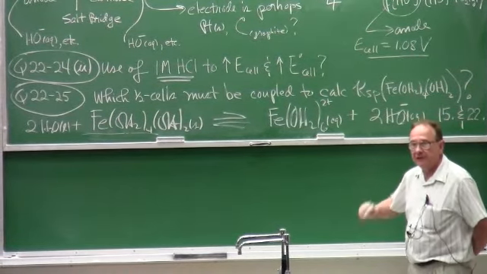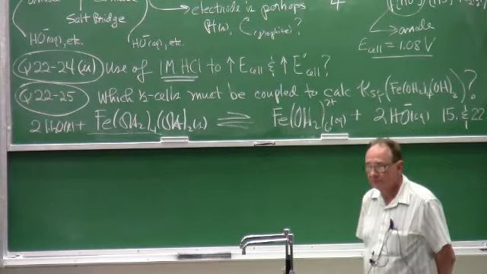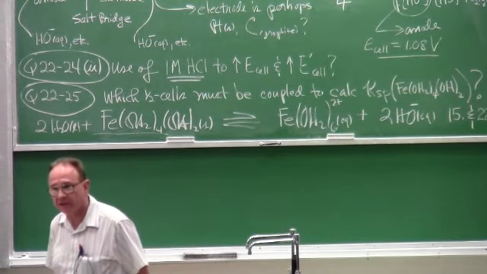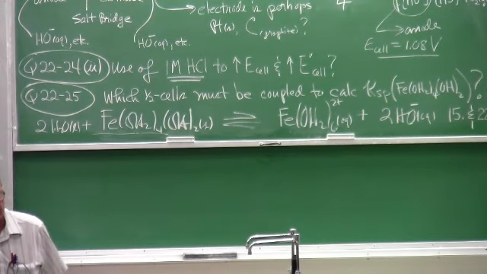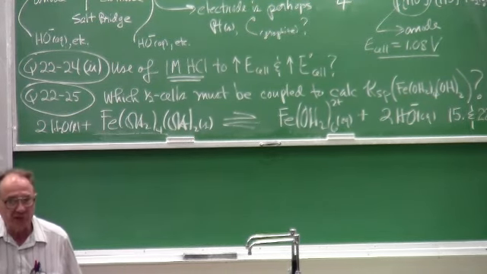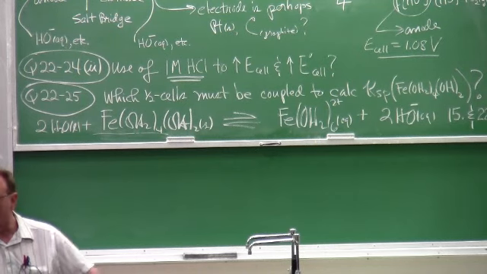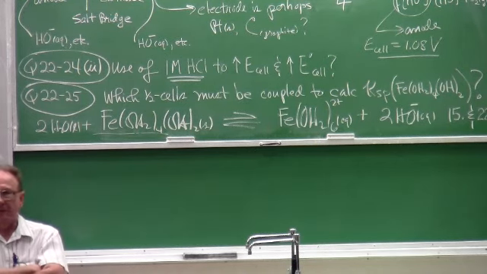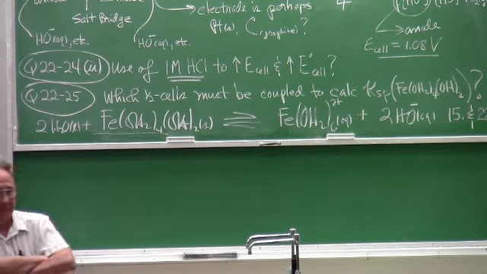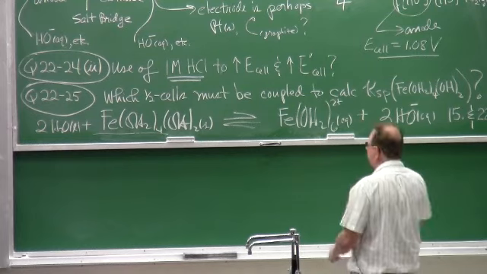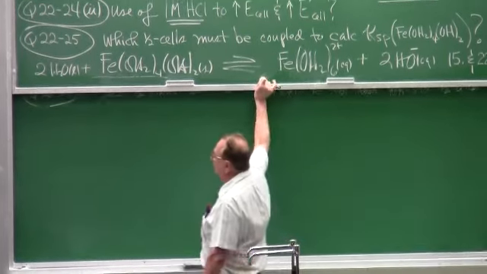Now, in coupling 15 and 22, to answer the question, calculate KSP for ferrous hydroxide. Which one gets reversed? 15 or 22? 15 gets reversed. So we're going to write this down.